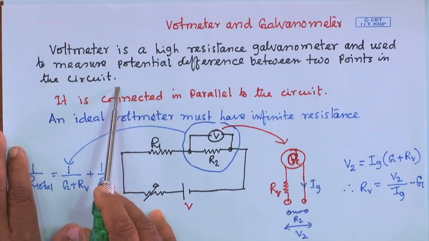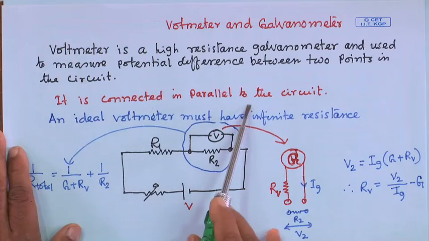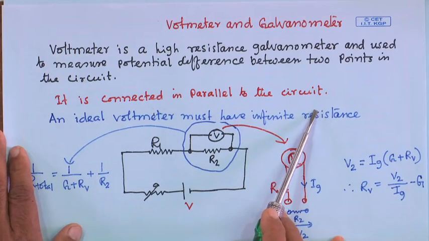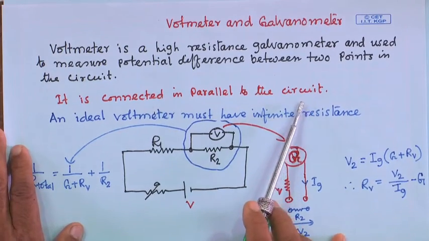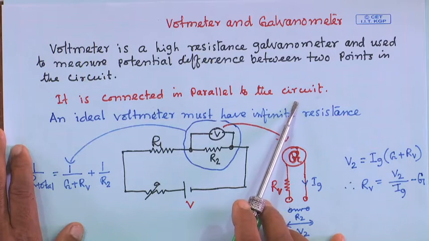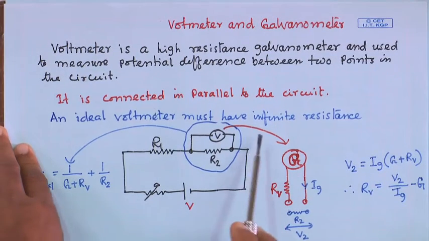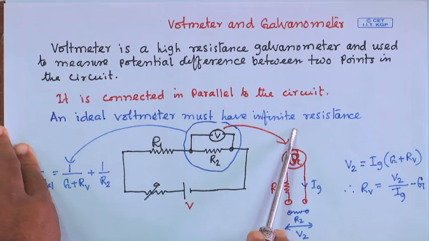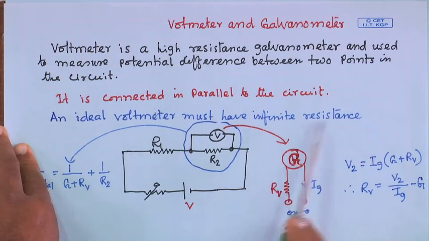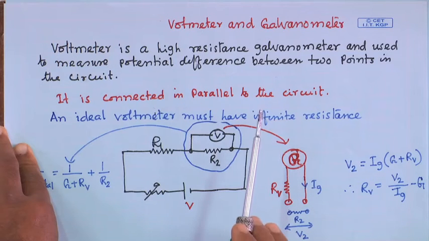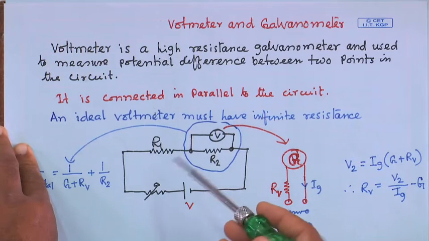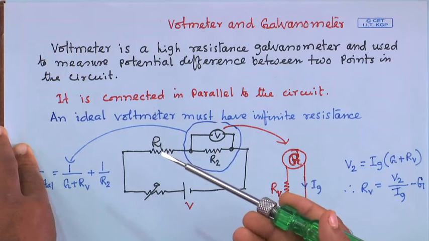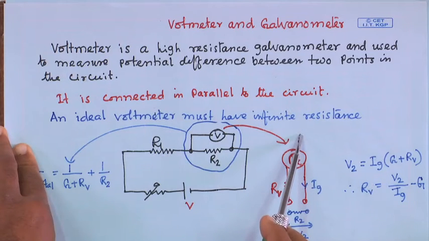It is connected in parallel to the circuit. An ammeter is connected in series to the circuit, but here it is connected in parallel, and an ideal voltmeter must have infinite resistance. In case of an ammeter, it is zero resistance, and in this case infinite resistance.